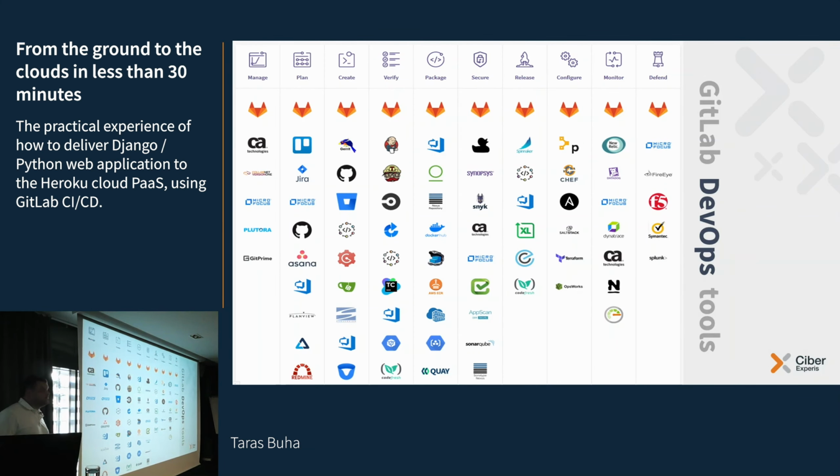The next one is an interesting fact taken from the official documentation. GitLab is convinced that it can replace a lot of different third-party tools and services which are useful for development.